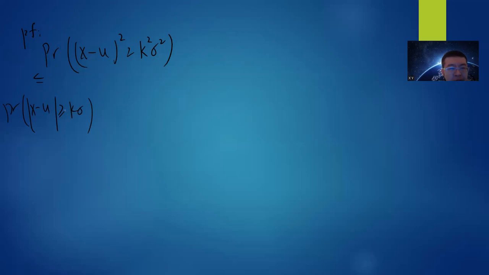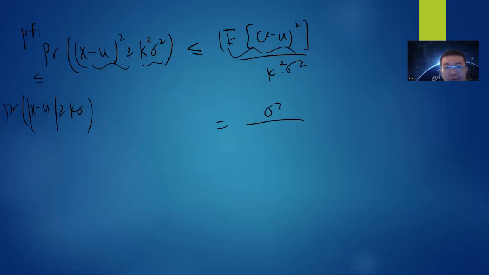These two are basically a definition. Now this is less or equal to the Markov bound, because this is greater or equal to 0. So it's the expectation value of x minus mu squared divided by k squared sigma squared. And by definition, this expectation is just sigma squared, the standard deviation squared, which is the variance. So it's 1 over k squared.